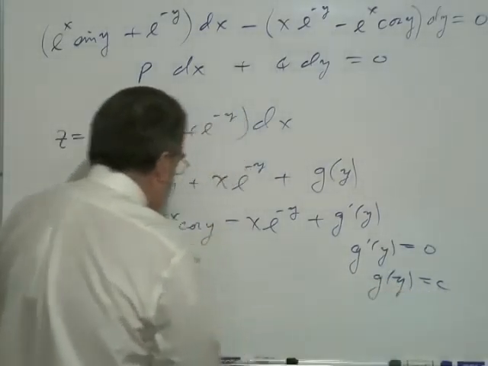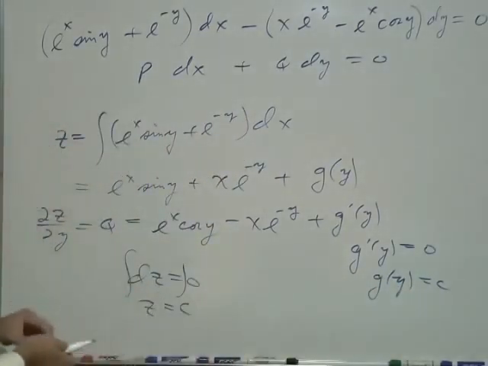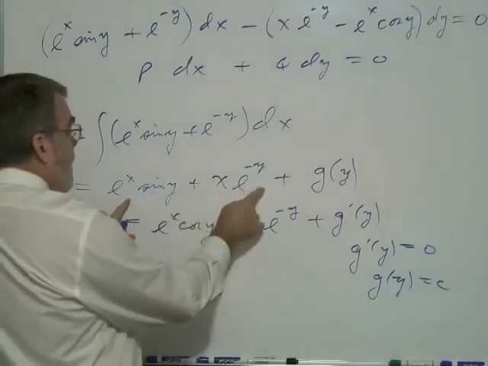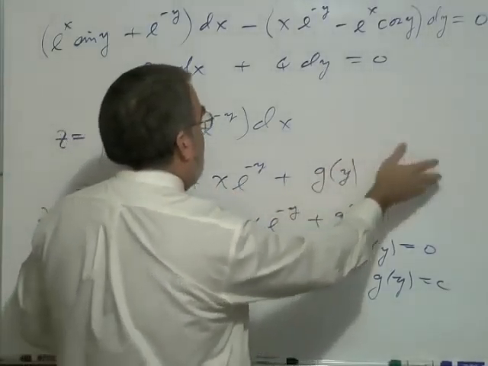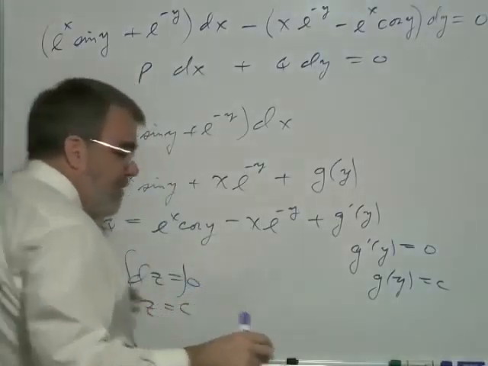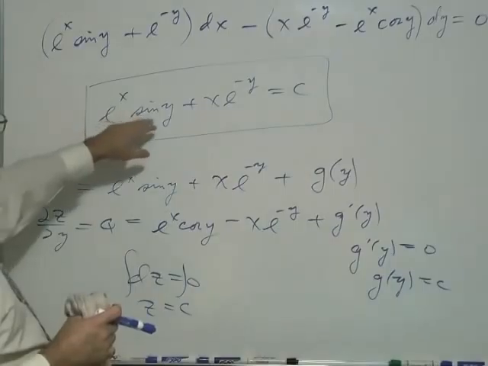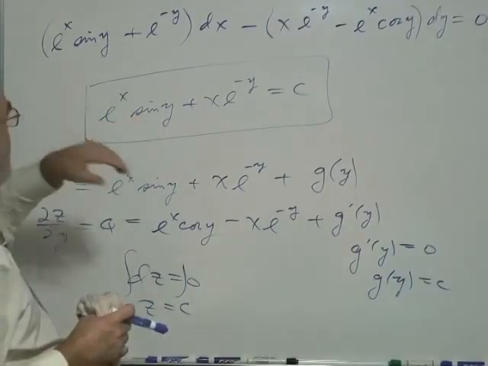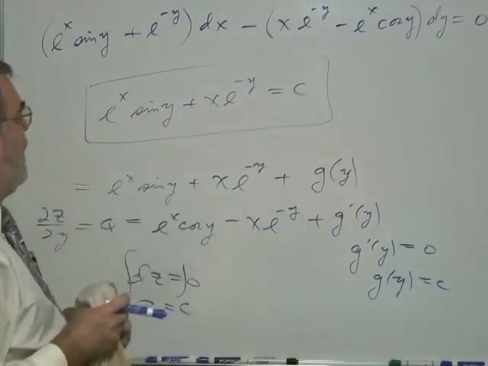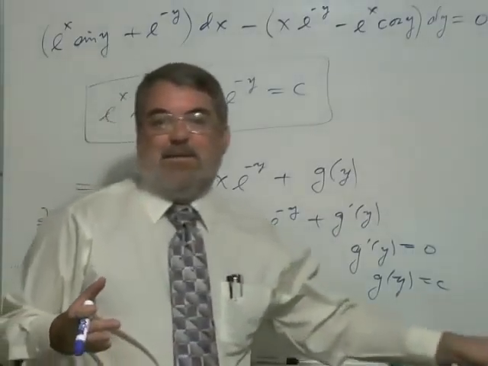So this constant gets absorbed over here. We don't have to worry about it. So we have an answer then. My solution is going to be this part equal to a constant. So let me write that out. There's our solution: e to the x sine y plus x e to the minus y equals a constant.